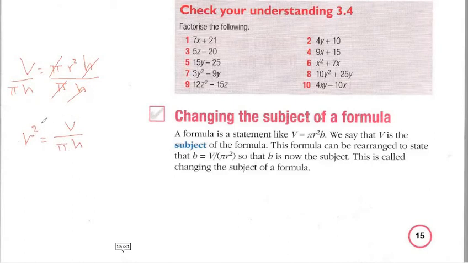To cancel the square, we can take square root of both sides. So square root of r square, it's only r, and the square root of this side, it's this amount. So r is the subject of this formula.